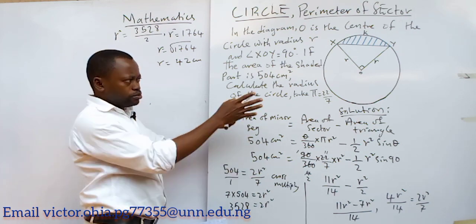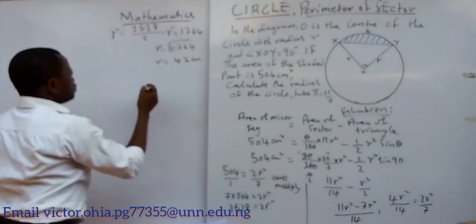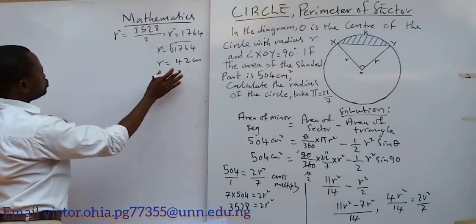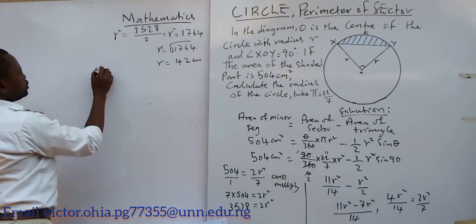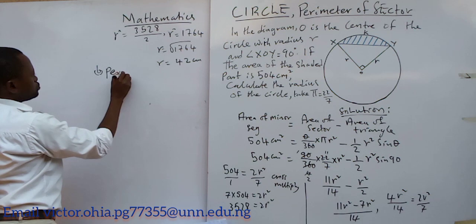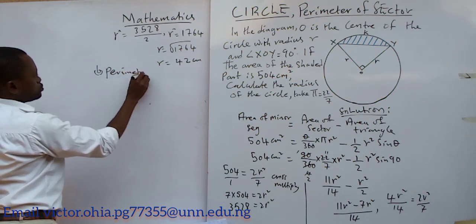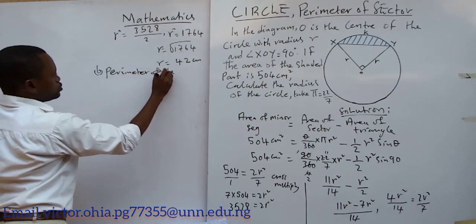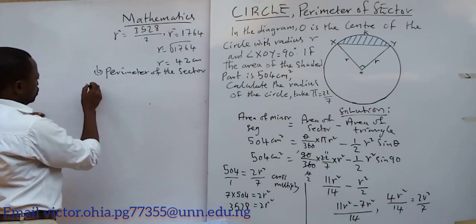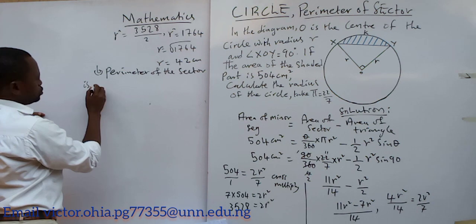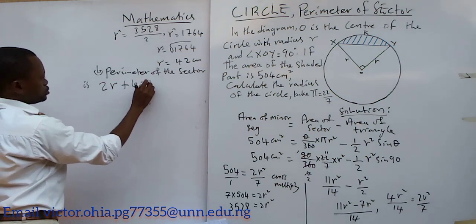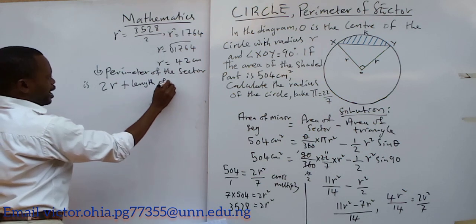You get that? I want to bring it also here. So we are going to say, in another question I added, let's say B, the perimeter of the sector is 2r plus length of arc.